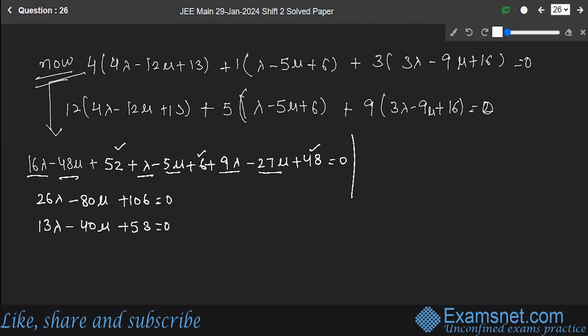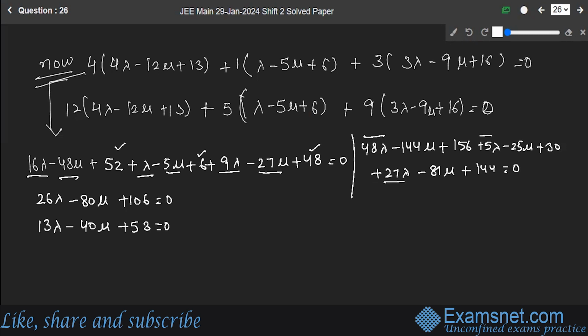Now let's solve the second one. You have 48 lambda minus 144 mu plus 156, plus 5 lambda minus 25 mu plus 30, plus 27 lambda minus 81 mu plus 144 is equal to 0.